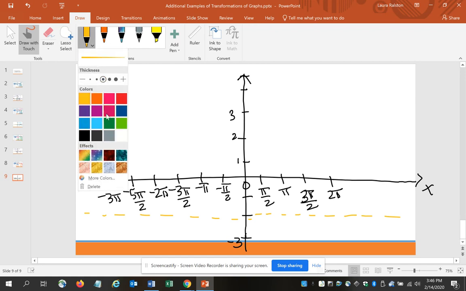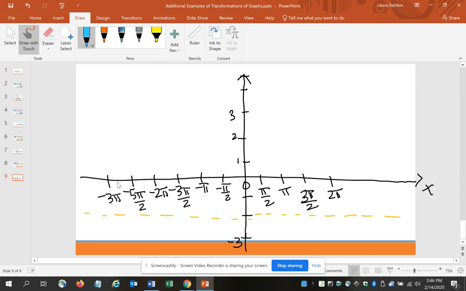With the tangent curve, we normally start and end at an asymptote. So my starting point was at negative 3 pi. My ending point was at negative pi. And a second ending point would be at pi.